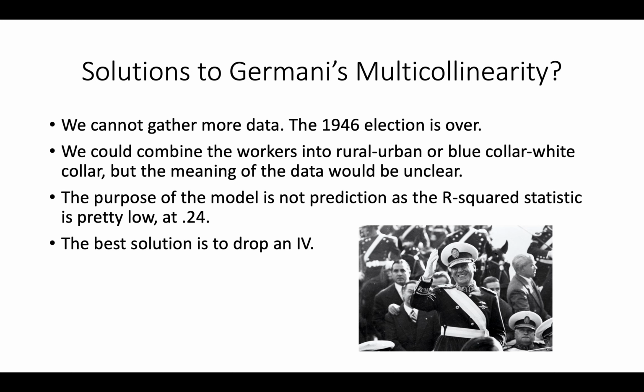We could try to say that we'll just try to predict values of the dependent variable, but the R-squared statistic for the model is pretty low, 0.24, so it wouldn't be a very good predictive model. In fact, the best solution is to drop an independent variable and re-estimate the model. So let's give that a shot.